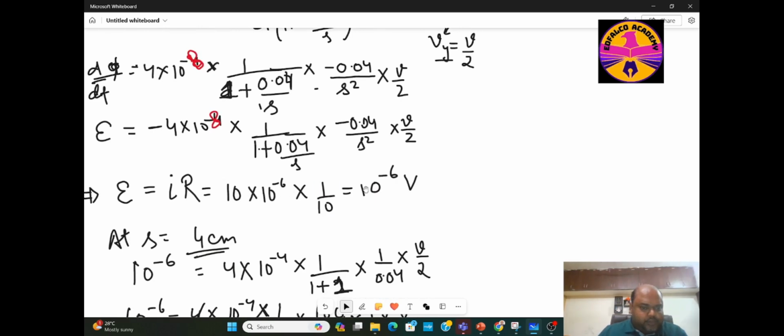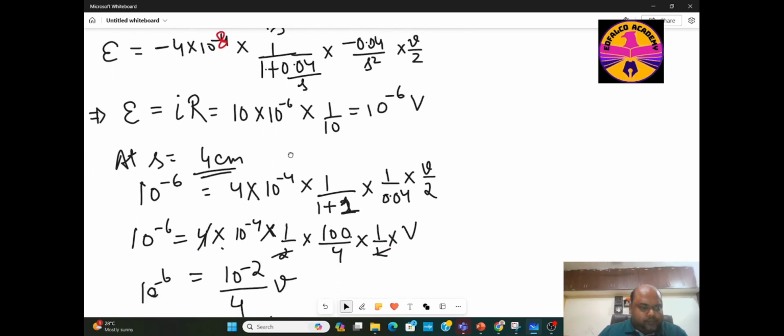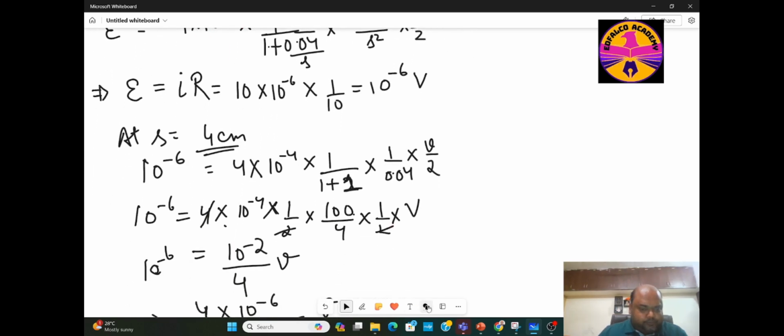This calculation is fine. This will be minus 8. This is minus 8, right? So minus 8, and this will become 10 to the power minus 6 then.